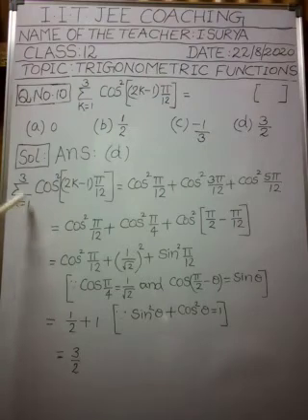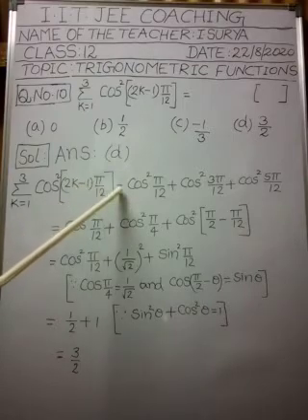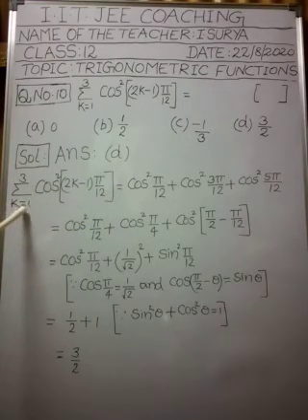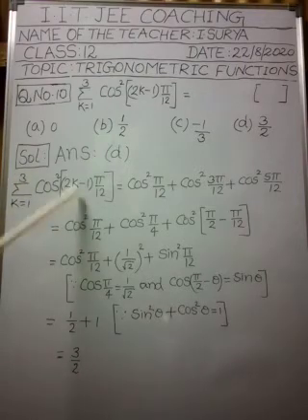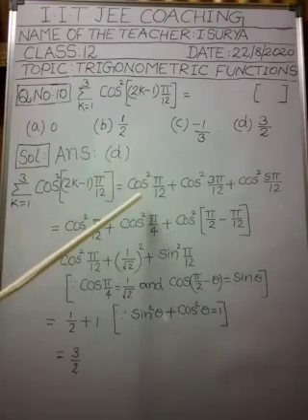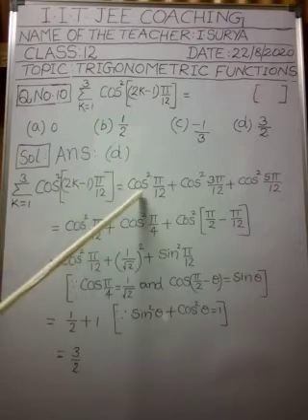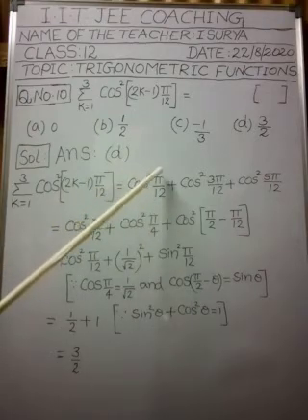Sigma k is equal to 1 to 3 cos square of (2k minus 1) into pi by 12 is equal to, here we expand this sigma by substituting k is equal to 1, k is equal to 2 and k is equal to 3, means we get here 3 terms. We put k is equal to 1, we get here first term cos square pi by 12.